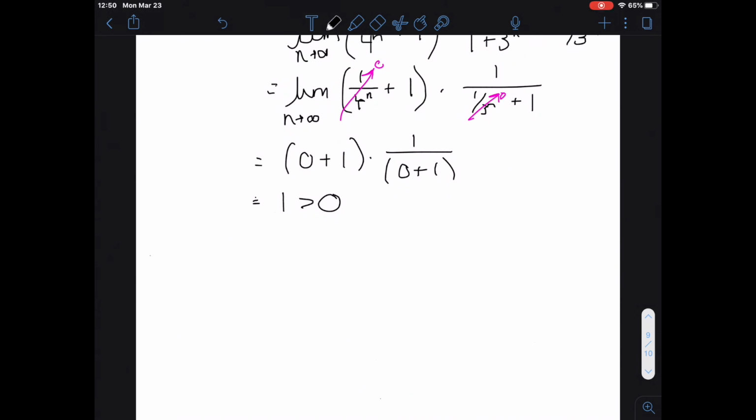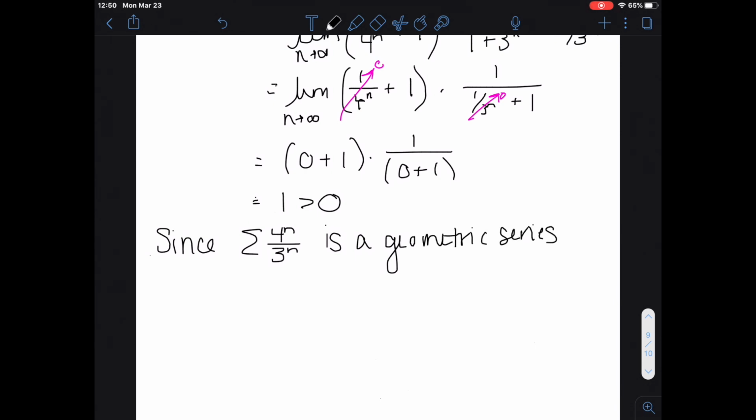So since the sum of 4 to the n over 3 to the n is a geometric series with r equaling 4/3, in absolute value this is bigger than 1.